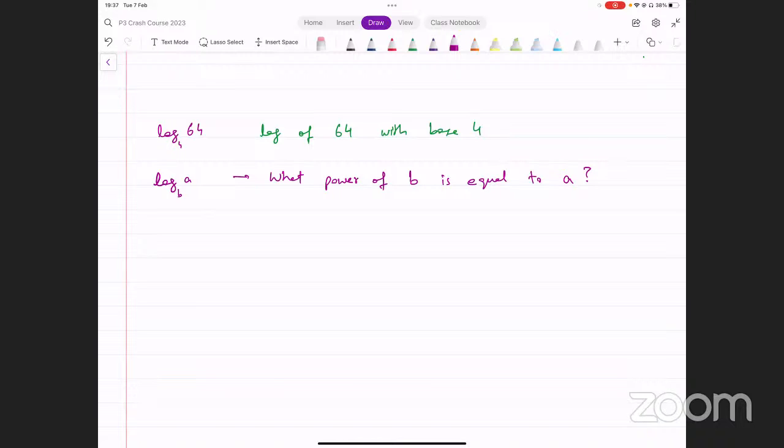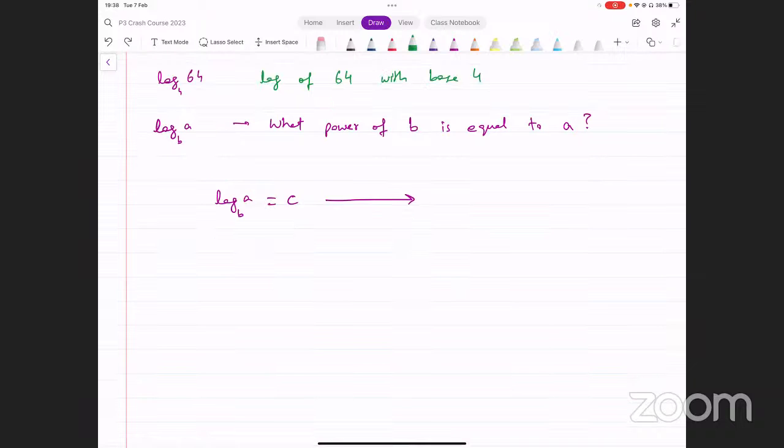All right. So for instance, if you write this in index terms, you've got something like this, log of a with base b is equal to, let's say, a number c. How can you write the same thing in index form? You would say the left side means what power of b is going to give us a.